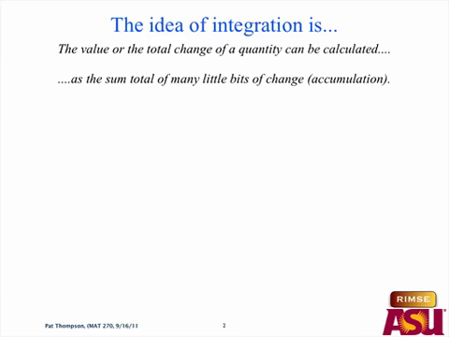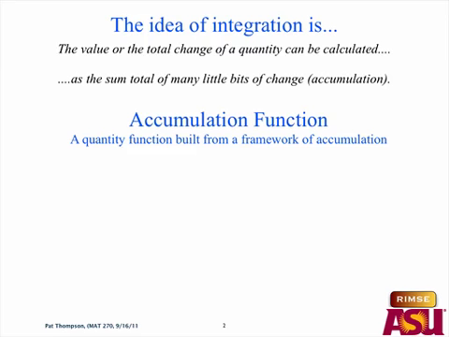So what is an accumulation function? An accumulation function is finding this total quantity. It's a quantity function, but it's built from a framework of accumulation. The way that we get this total quantity is through the process of accumulation.